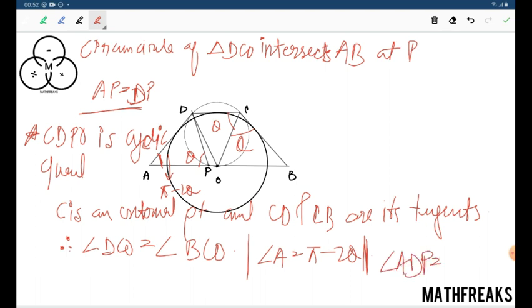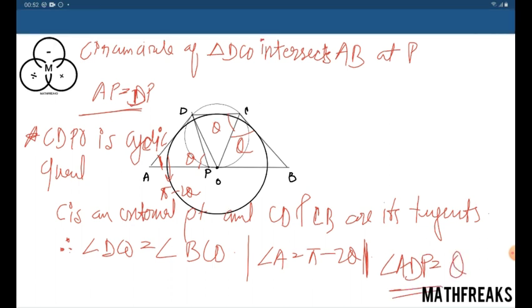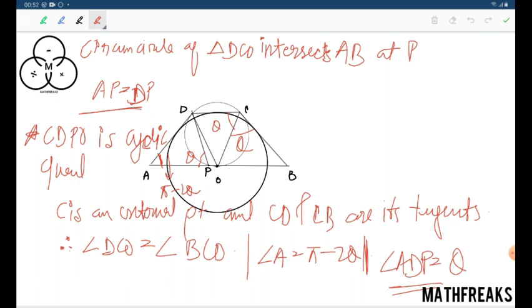Applying the angle sum property, angle ADP is also equal to theta, which is enough to show that triangle ADP is isosceles and AD equals AP.